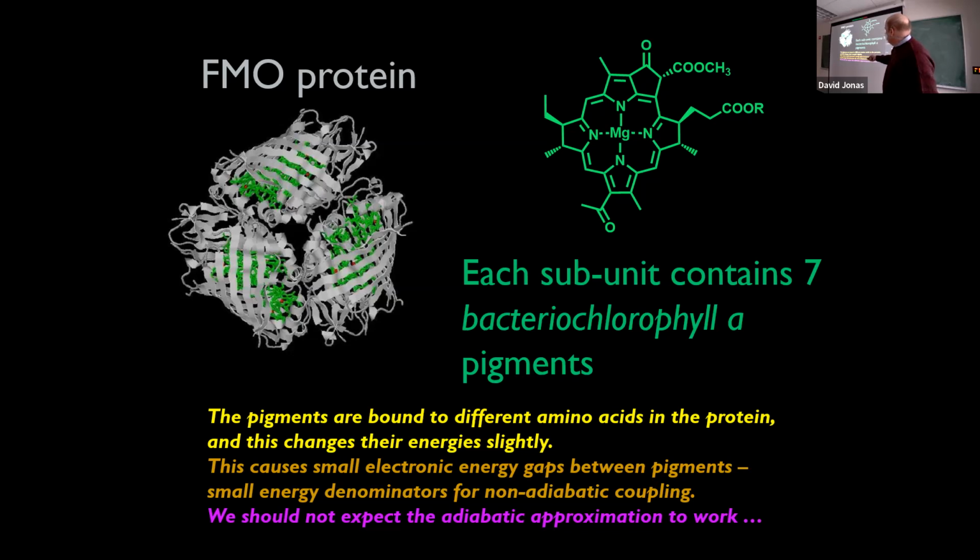And because the pigments are bound to amino acids, the amino acids actually adjust the energies of the chlorophylls so that they're not all the same, so that there's a little bit of a downhill energy funnel in most of the steps, all right? But these adjustments mean that there are small electronic energy gaps between chlorophylls. So the energy transfer process is going to have a problem if you wanted to think about it from the point of view of adiabatic theory, all right?